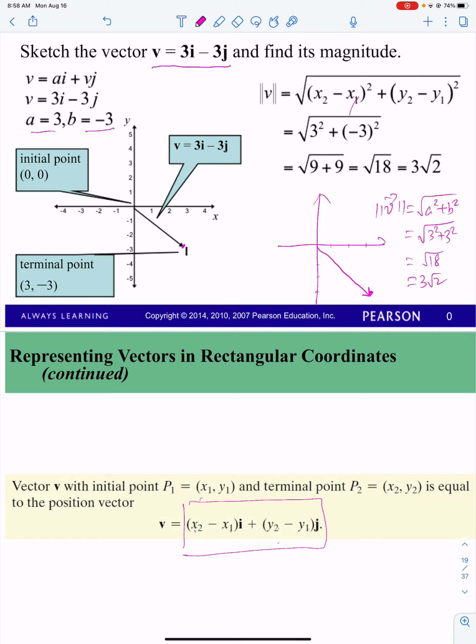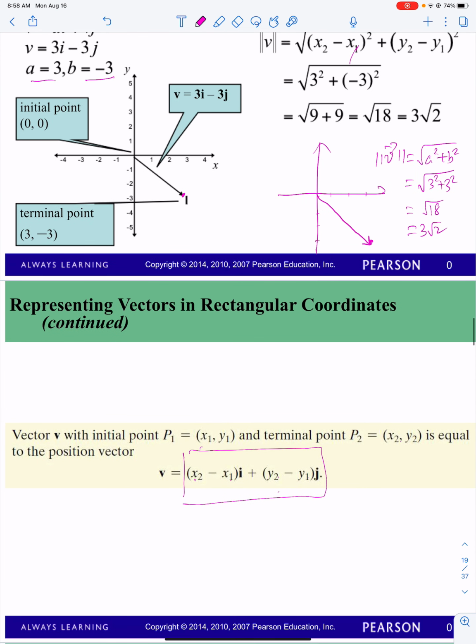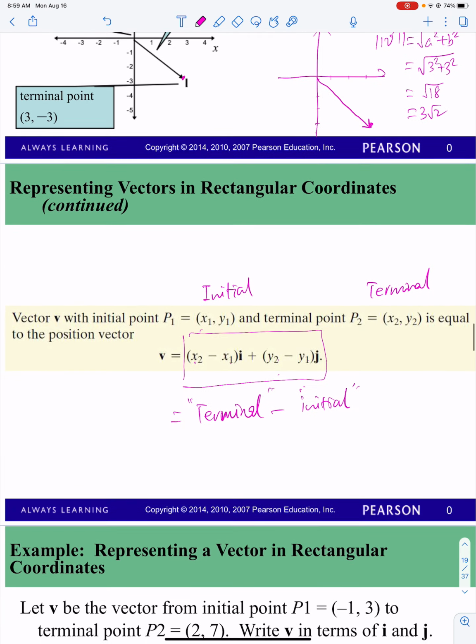So if you are given the points, you can use x2 minus x1, y2 minus y1. What I will remember is I will call this one the initial and this one the terminal. So what will the vector be? It will be the terminal subtract the initial.